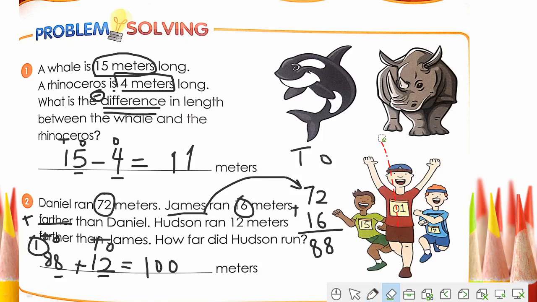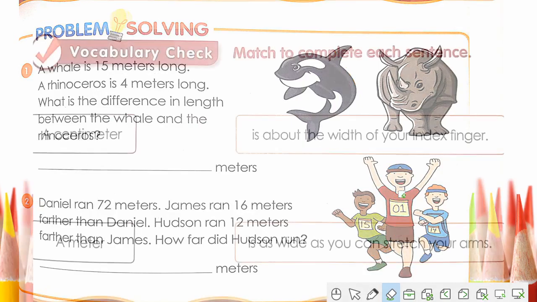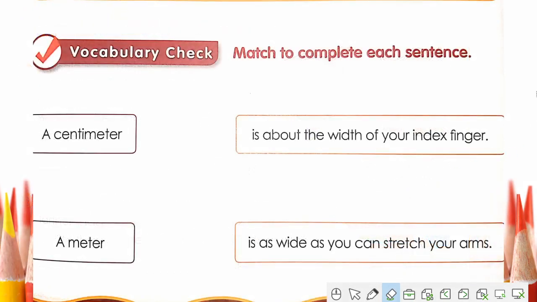So, the last question, match to complete each sentence. A meter is about the width of your index finger. Is as wide as you can stretch your arms.